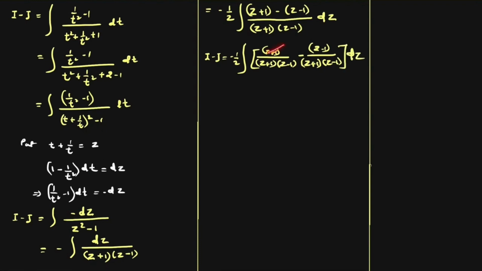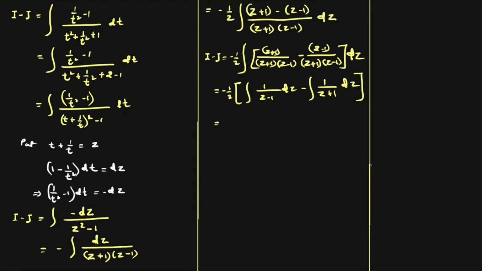Now this cancels with this term and this cancels with this term. Then we will get minus 1 by 2 integration of 1 divided by z minus 1 dz minus integration of 1 divided by z plus 1 dz.